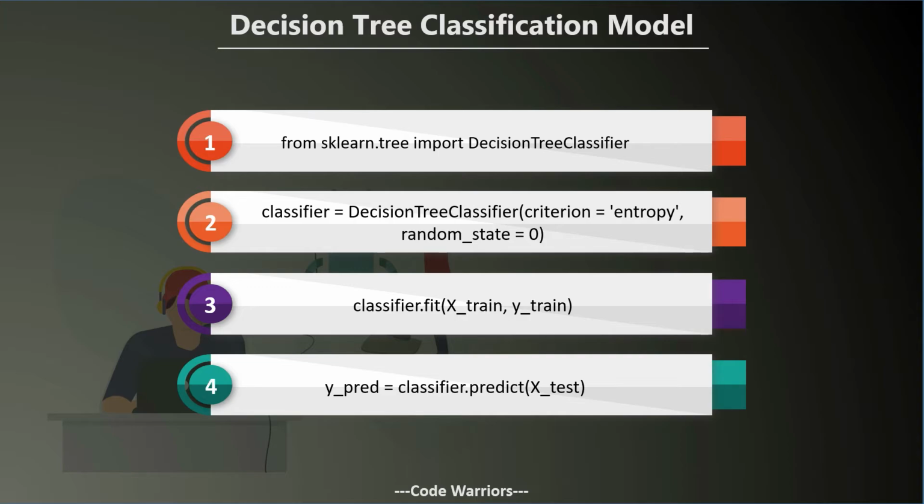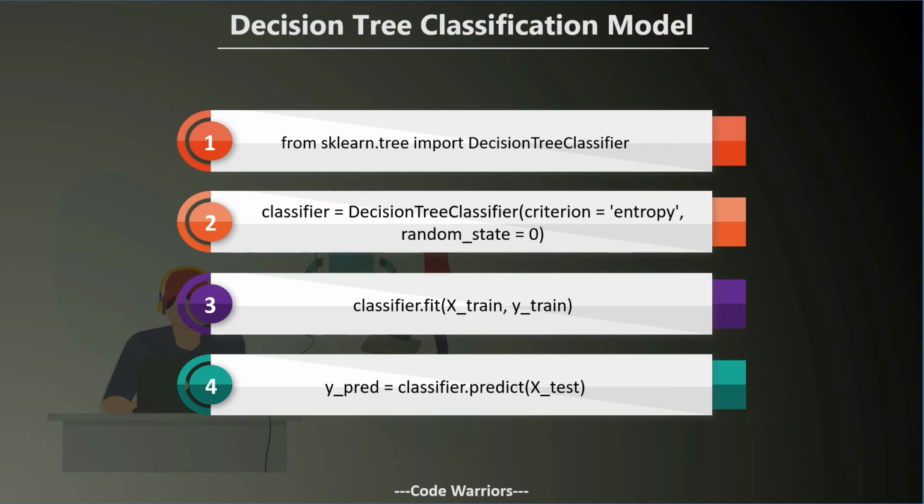Here we are going to use entropy instead of the default criterion value, because we want our split to be homogeneous. Every split of a particular class should include all the elements belonging to that particular class, not the elements of the other class, so that our model becomes effective and not ineffective during training.